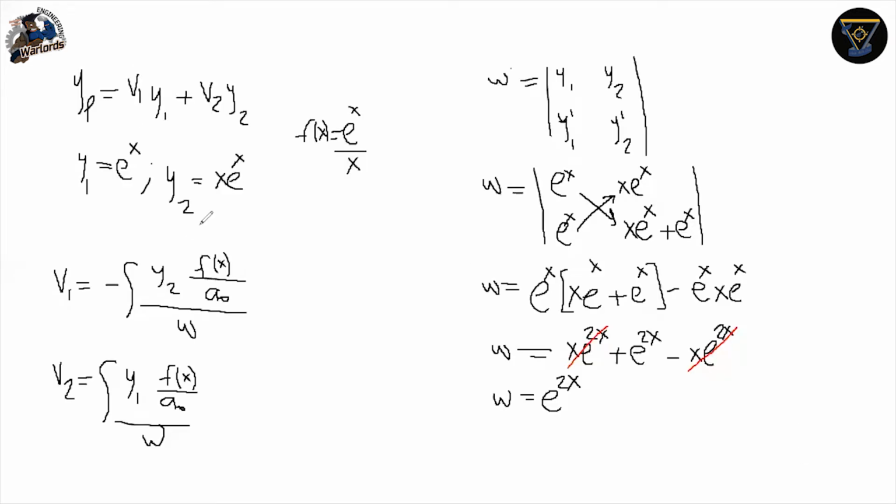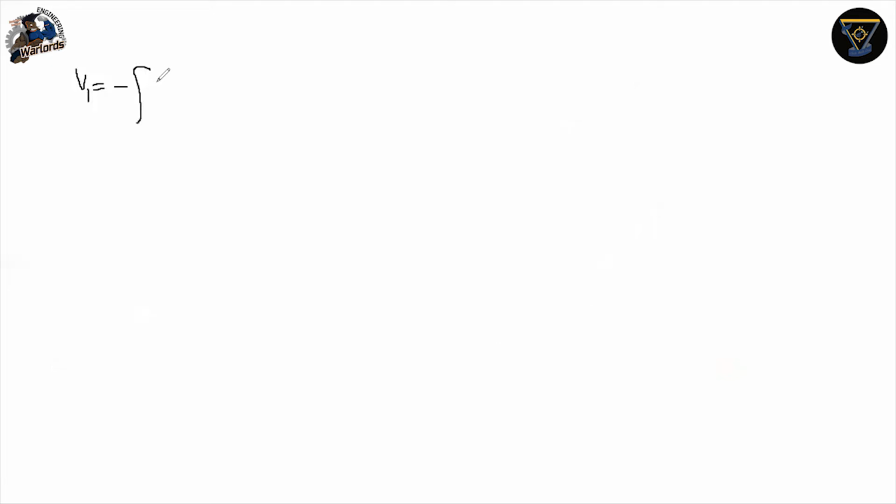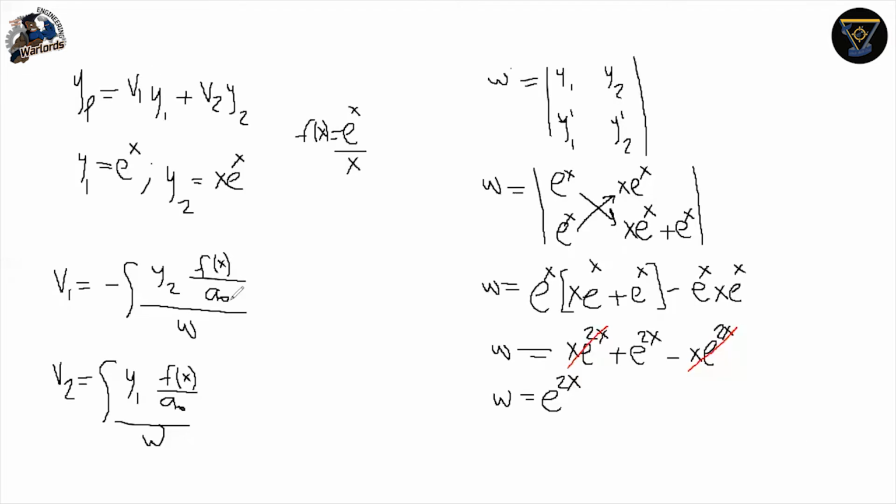So we say that V1 is equals to minus the integral y2. Y2 is xe to the x. So this is just xe to the x. And then we have f of x over a naught.